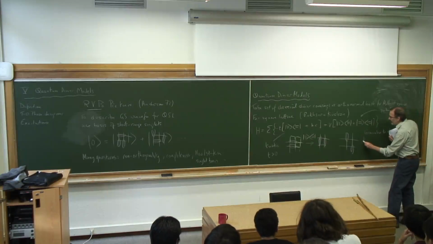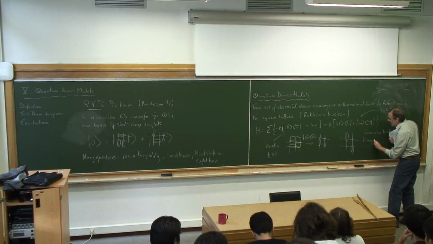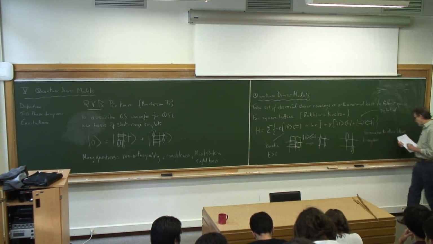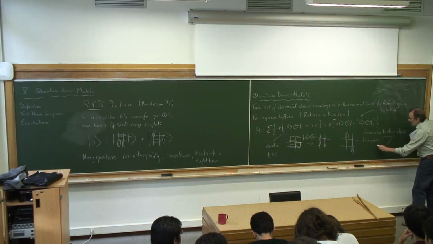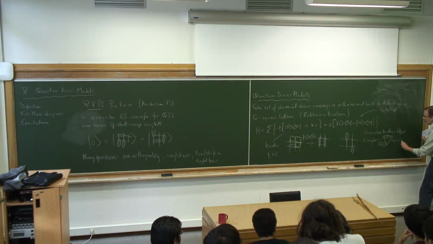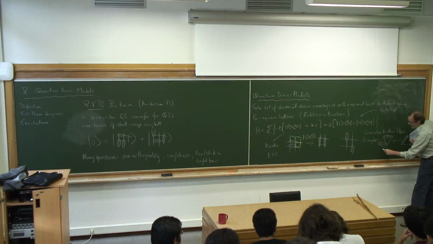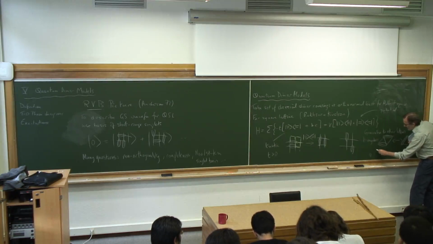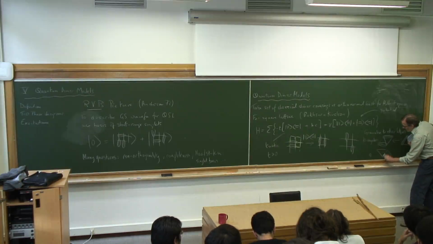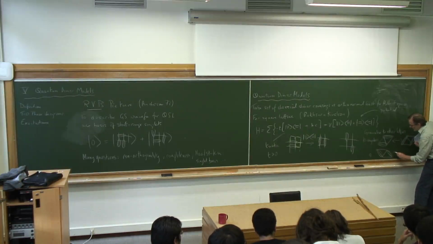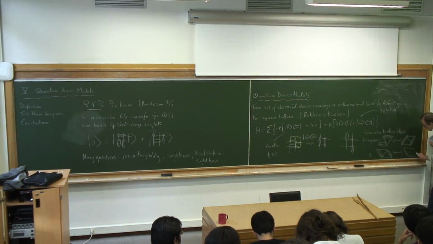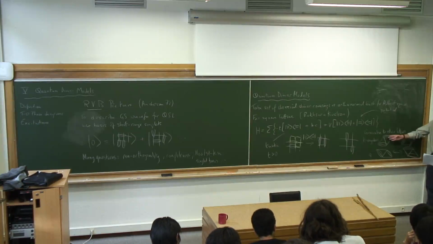So for the triangular lattice, you have, for instance, a resonance like that, but you also have resonances like this, and so you have overlapping shapes.